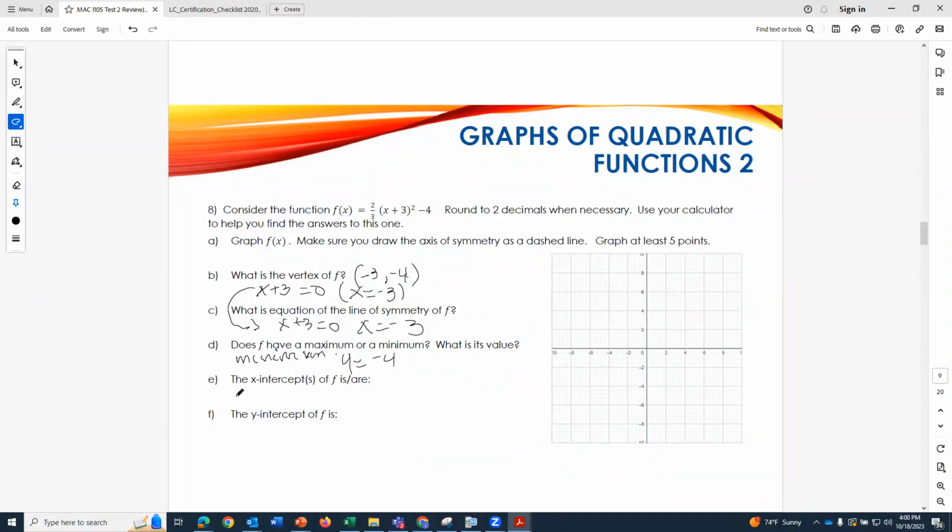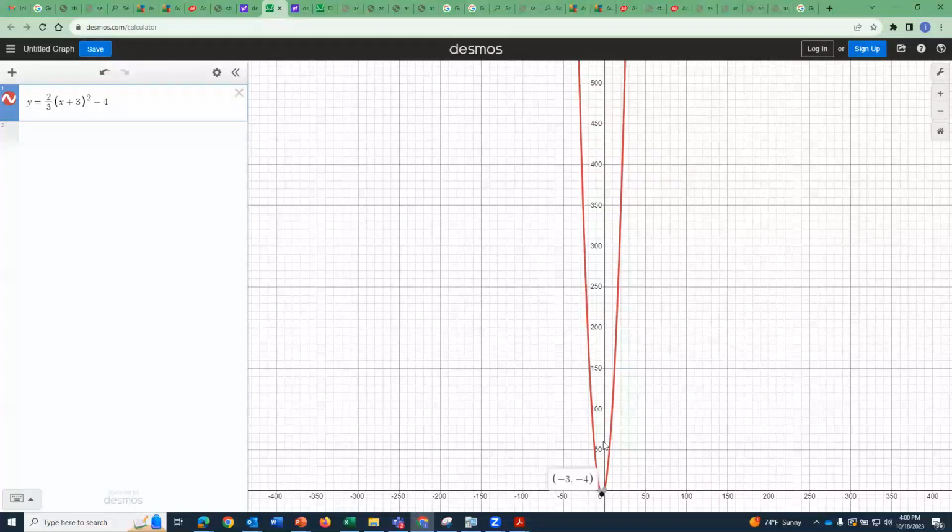Okay. What are the x-intercepts? The x-intercepts, we have to find them from Desmos or a calculator. Here you have one, and you have another one here.